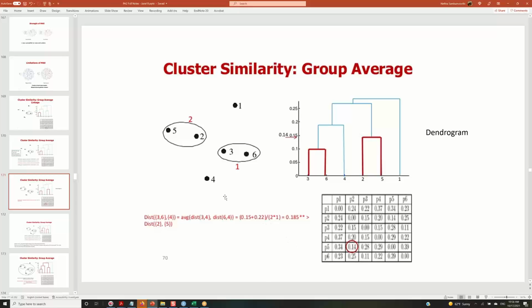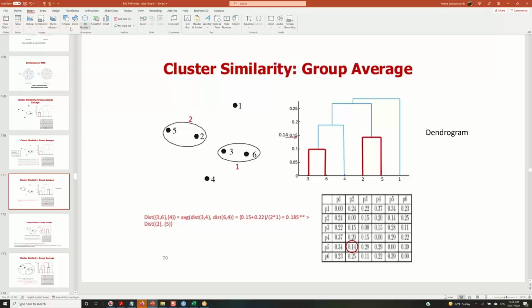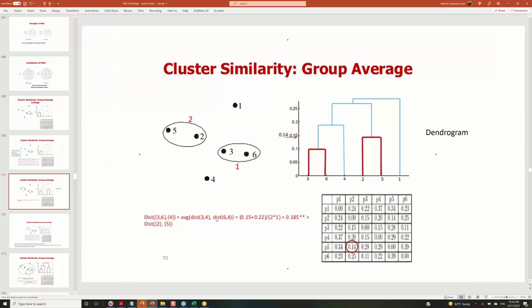That's what this is. Now there are 2 distances there. So what is the average here? You add these and divide by 2. So 0.185.